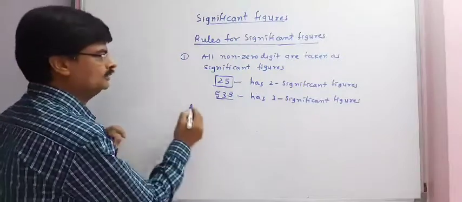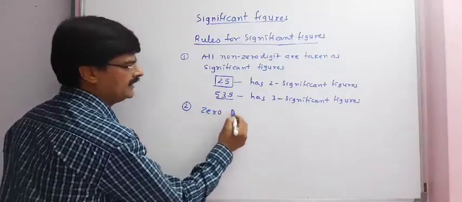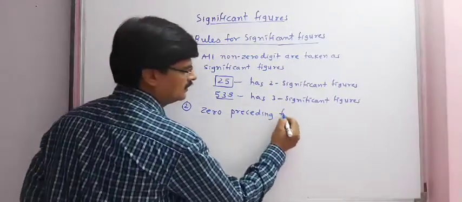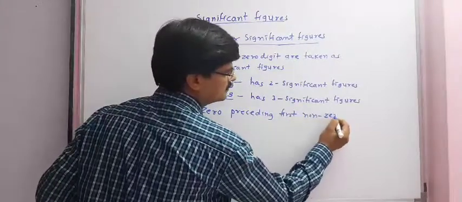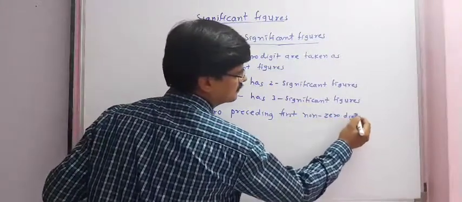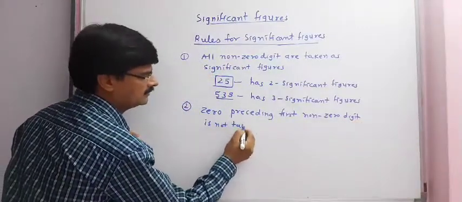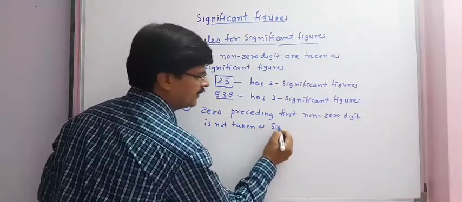Now rule number 2: 0 preceding the first non-zero digit is not taken as a significant figure.